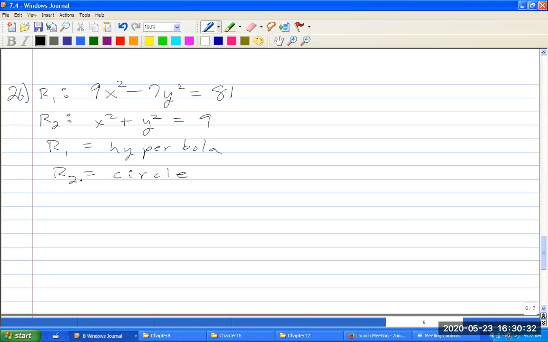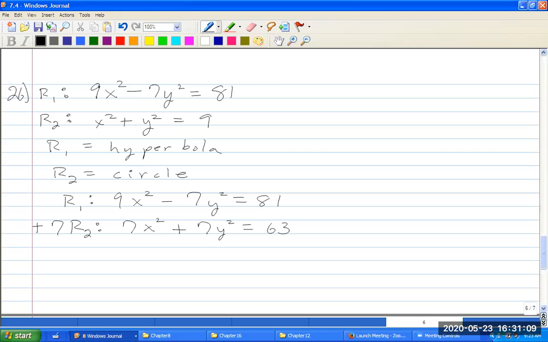So let's try to eliminate y squared. I have R1, 9x squared minus 7y squared equals 81. Let's multiply R2 by 7. So I have 7R2 is 7x squared plus 7y squared equals 63. And let's add both of these.